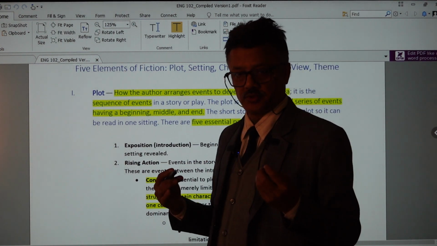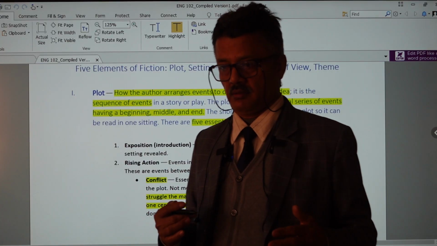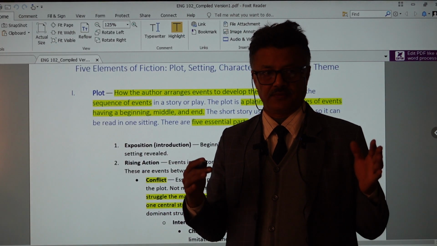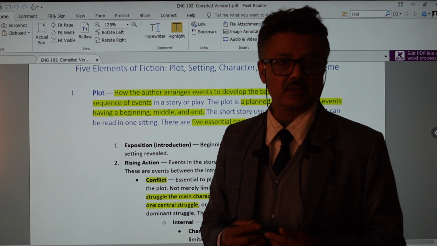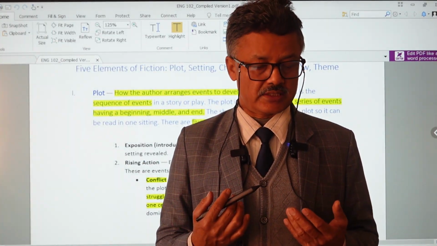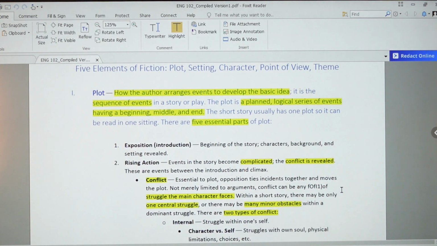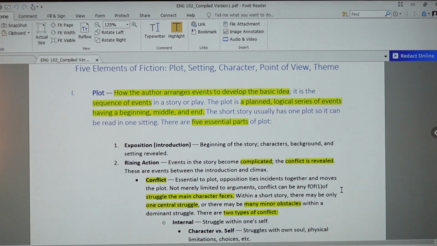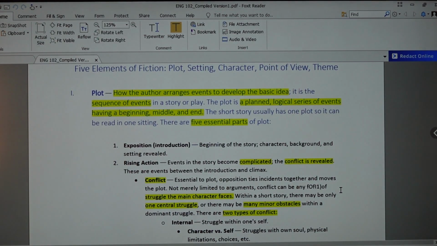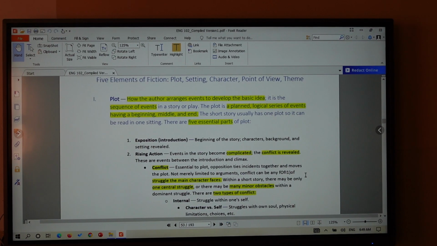I will try to relate these things with the lessons. If you have read these stories, you will understand it easily. But if you have not read the stories, it may be a bit difficult for you to understand the things. Okay.